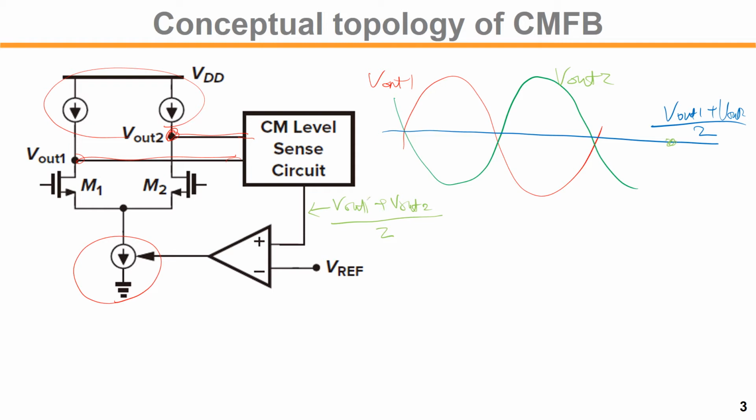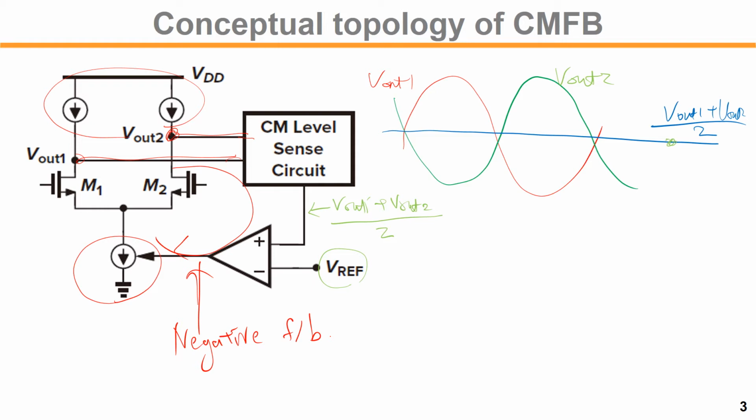Sense this common mode level and make that the desired level by having the amplifier, operational amplifier. So OPM there, so we construct some kind of a negative feedback. This is a negative feedback, right? Why is it negative feedback?